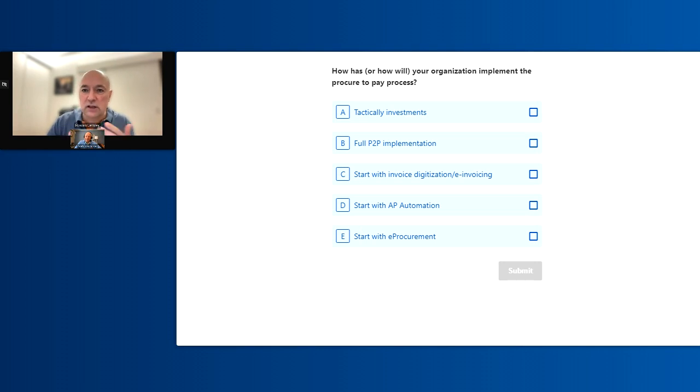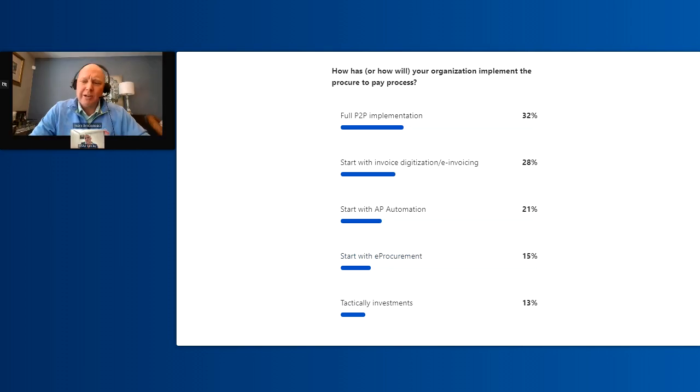And I think there's a lot of examples like that where you've made the investment in something, and then you want to put something else in place to address a tactical need. So we can achieve P2P optimization with a best of breed kind of solution.